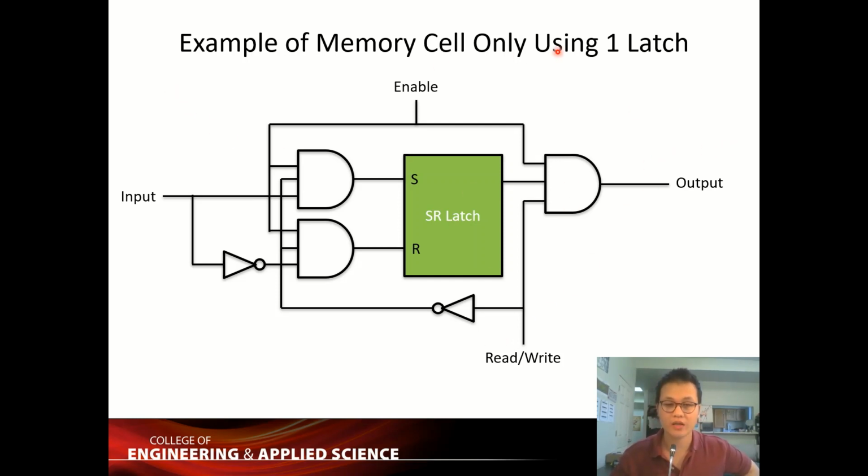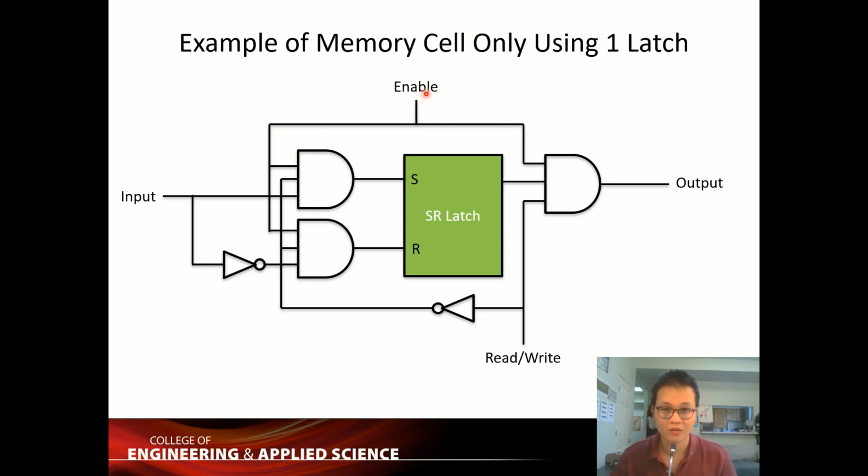So this is an example of, let's say, a single cell memory. So you can apply the read and write in here. You apply either 0 or 1 to change the mode into read or write, and you have the enable pin.